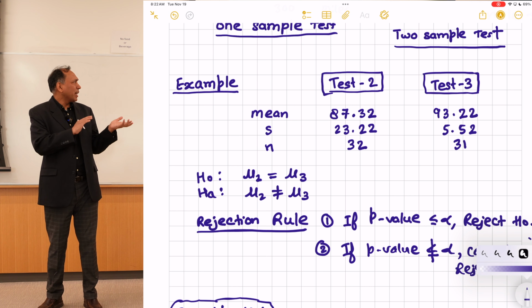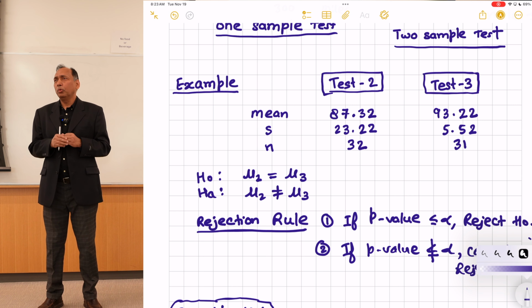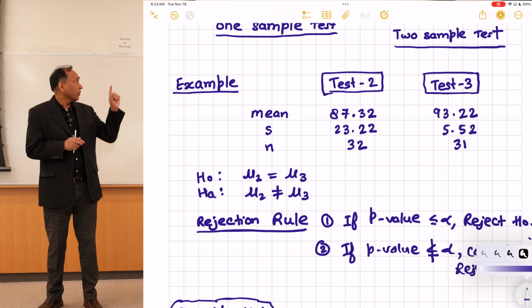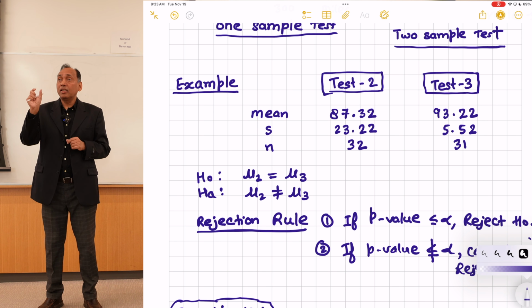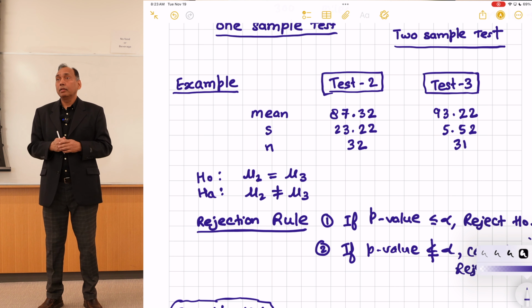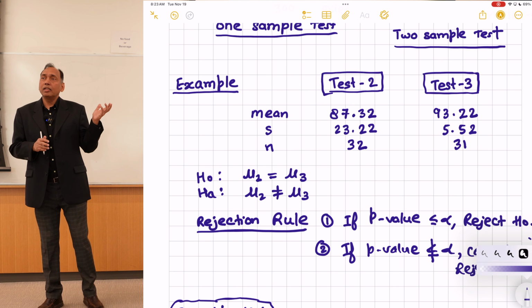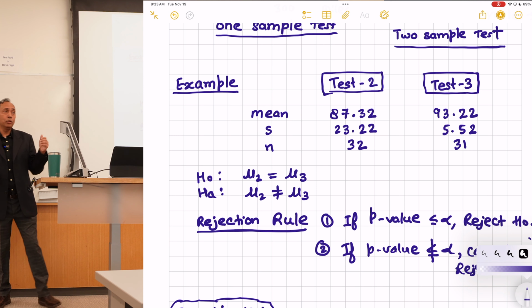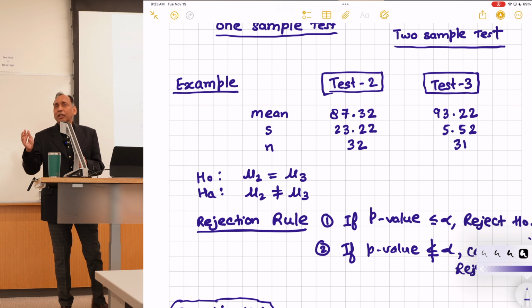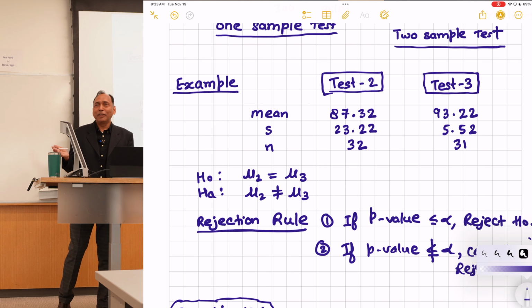So you are saying sample sizes are close, like 31, 32 may not be that big a difference, but difference between means is big. There is something called statistical significance. We do all the testing and find the p-value, but then there is also something called practical significance.